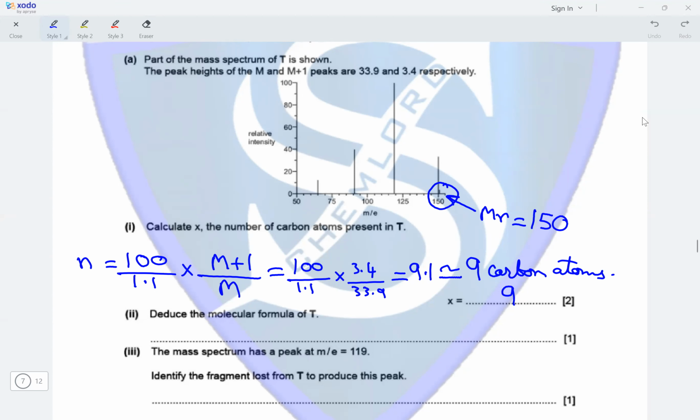Deduce the molecular formula of T. So we have an Mr value of 150 and we've got 9 carbon atoms. 9 into 12 is 108. If we subtract 108 from 150, we are left with 42 as the remaining mass. Out of 42, if we subtract one oxygen atom, 16, we are left with 26.